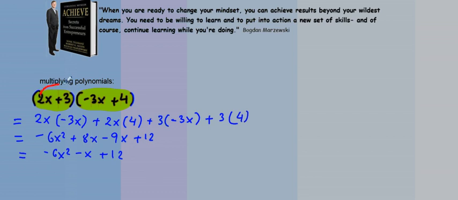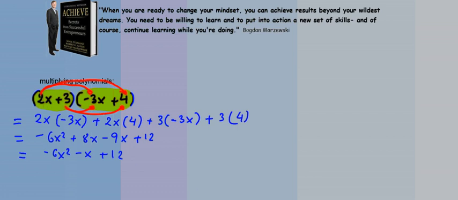Grab the first term and connect with the first from the second bracket and continue making that connection until you exhaust all possibilities. And then move to the next term and do the same thing. So 3 with negative 3x and eventually 3 with positive 4. Regardless of the length of the polynomials that are to be multiplied, you would apply the same rule.